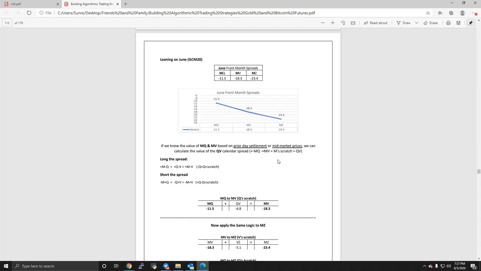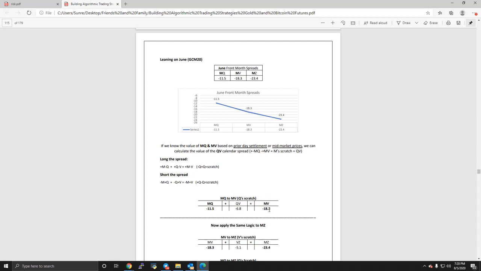So if we take these markets and we break them into their individual contract months, we can further dive into the structure of the June, August, October, and December calendar spreads. And A plus B equals C is demonstrated mathematically just below, where we have the MQ calendar spread, the QV calendar spread, and the MV calendar spread.